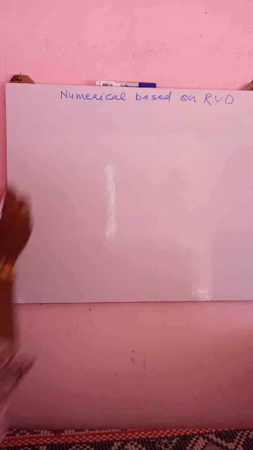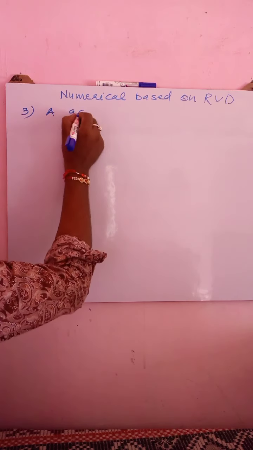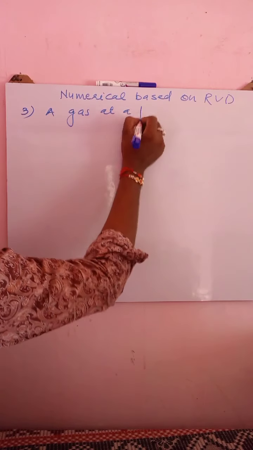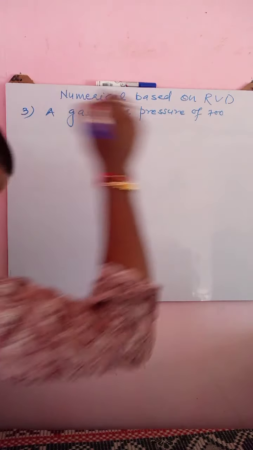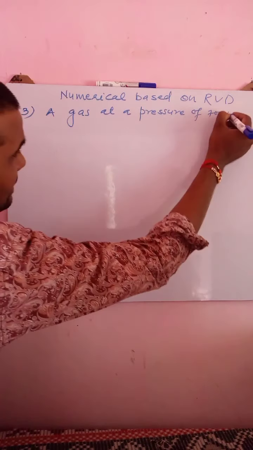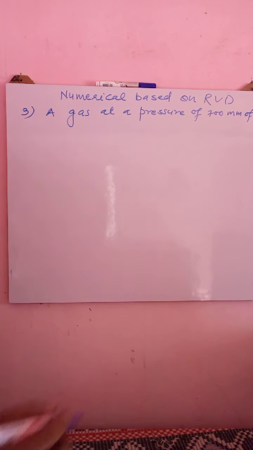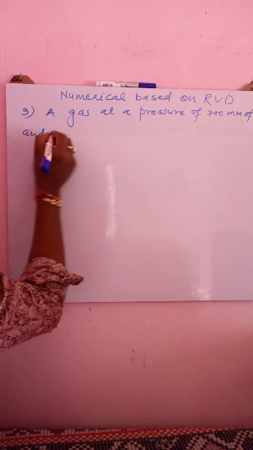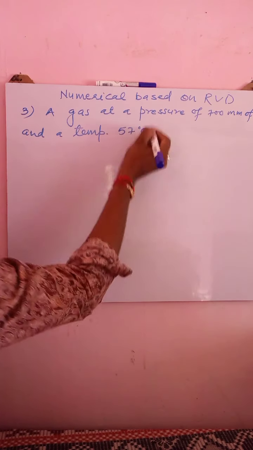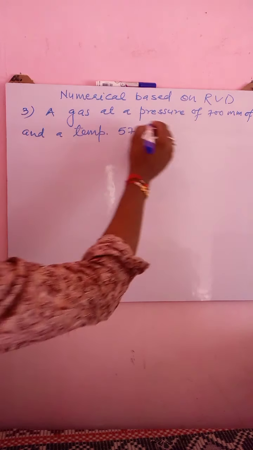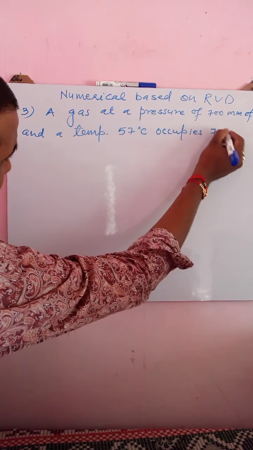A gas at a pressure of 700 mm of Hg and a temperature of 57 degrees Celsius occupies 700 ml.